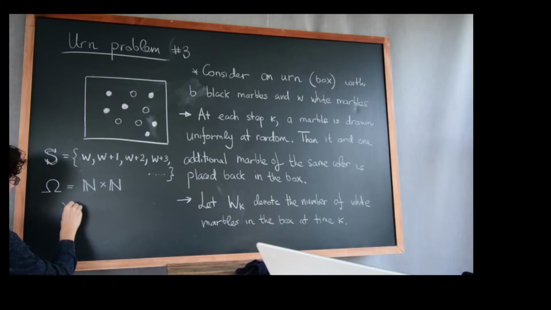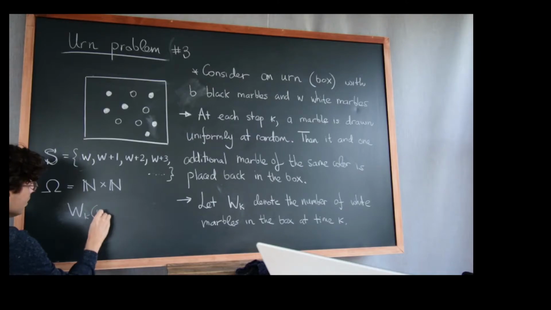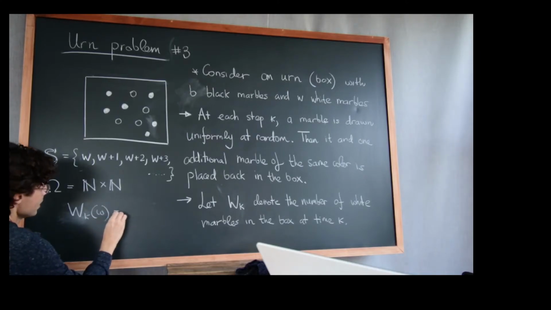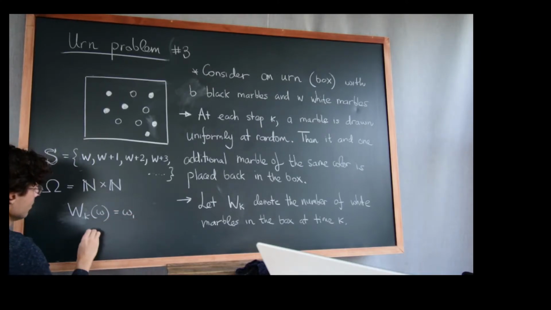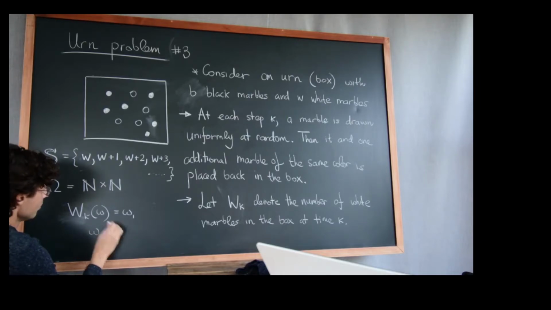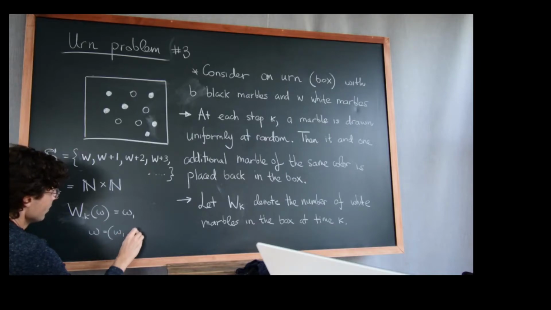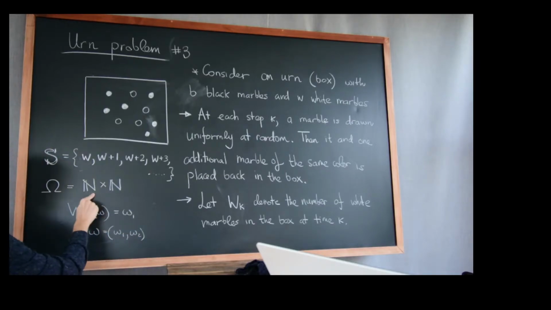And in this case, it would be easy to say that W_K of omega would just be omega 1, because omega is then a tuple of two natural numbers, omega 1 and omega 2, and maybe this one keeps track of the white marbles, this one keeps track of the black marbles, so that would be one example of a sample space.